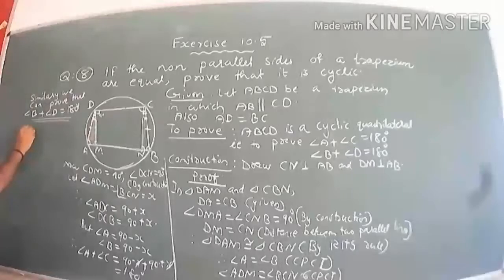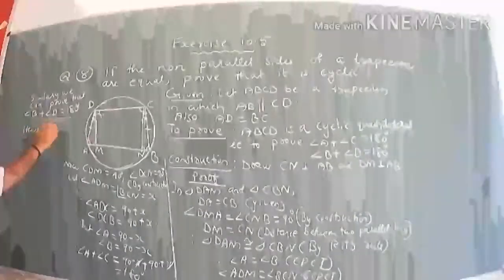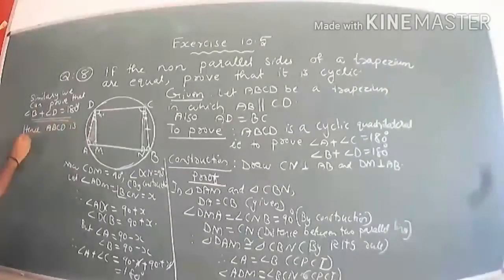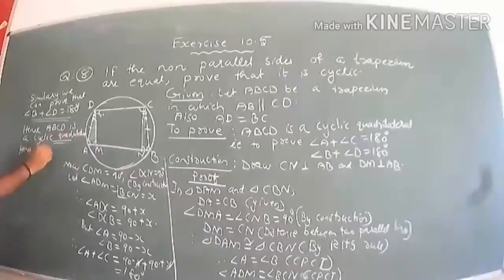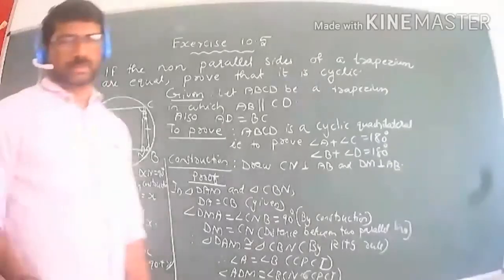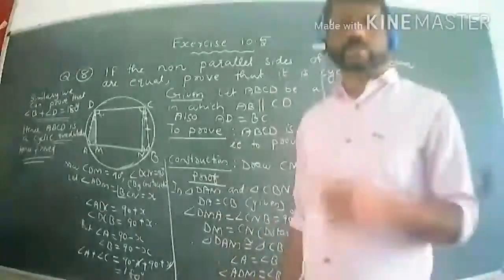Therefore, ABCD is a cyclic quadrilateral. Hence proved. So this is the proof of this question. You can note it down.